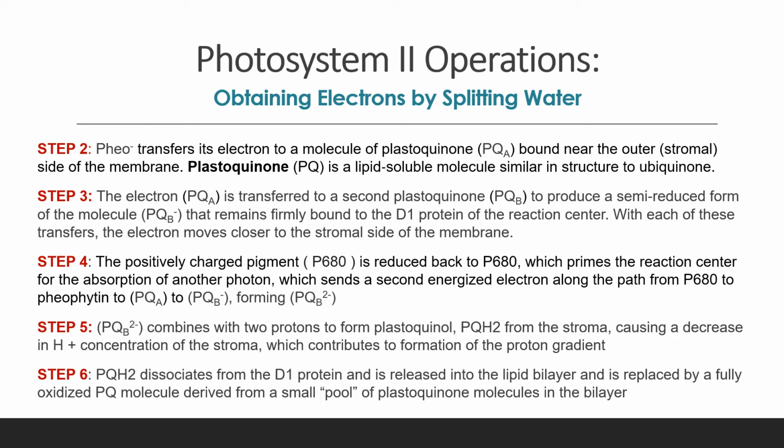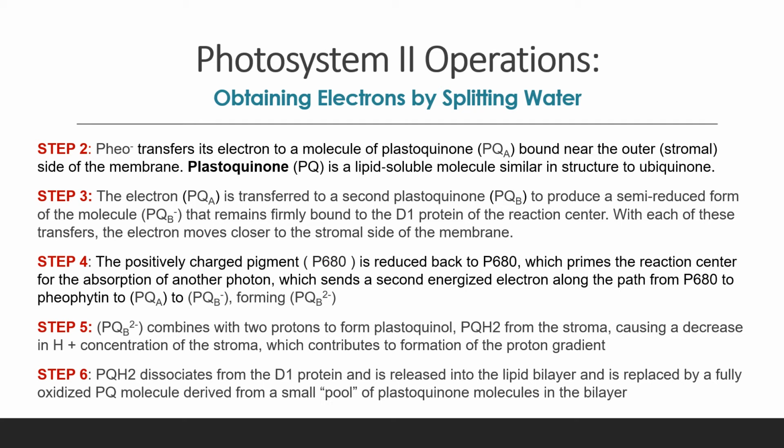Then for step 3, the electron on plastoquinone is transferred to a second plastoquinone, denoted as PQ sub B, to produce a semi-reduced form of the molecule that remains firmly bound to the D1 protein of the reaction center. With each of these transfers, the electron moves closer to the stromal side of the membrane.